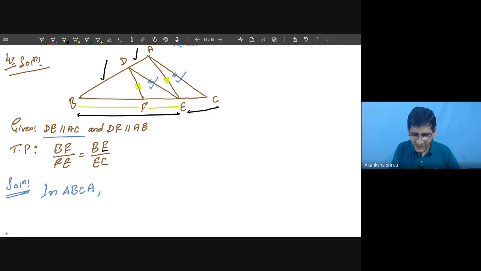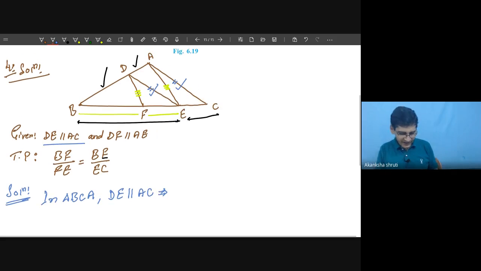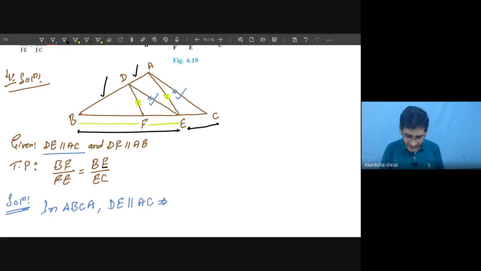Here we can write the parallel side is our ED or DE is parallel to our AC. So while DE is parallel to AC, we can write the ratio, this implies. So observe this. A student, DE.